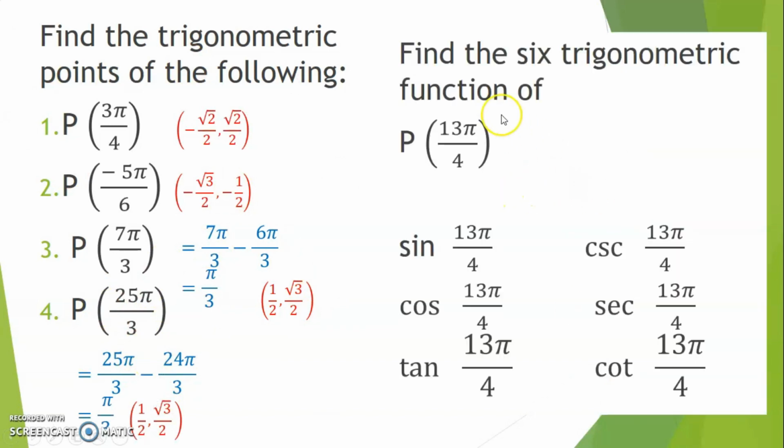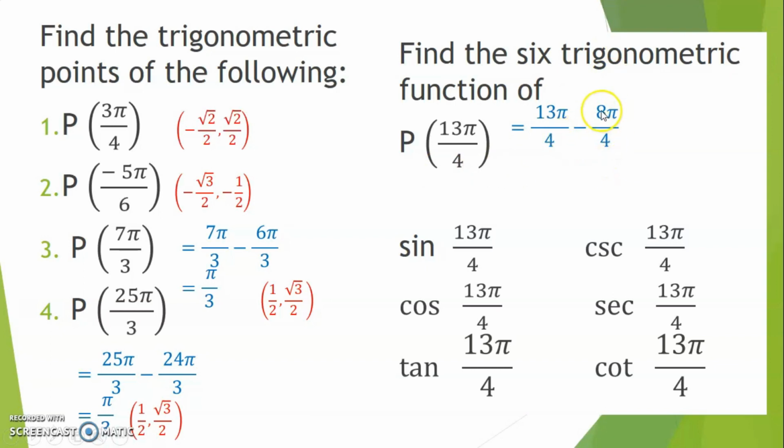Okay, next. Find the six trigonometric functions of 13 pi over 4. Now, 13 pi over 4 is a multiple of 45 degrees. The multiple of 4 that's nearest to 13 is 12, but in this case, we will subtract 8 over 4. Why 8? Why not 12?